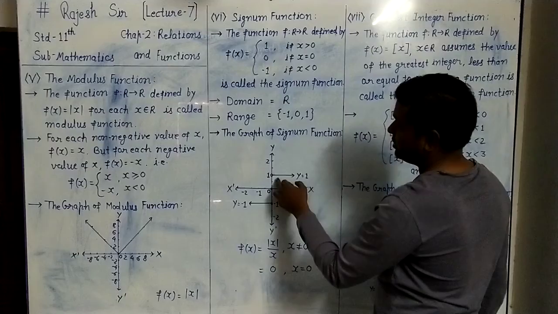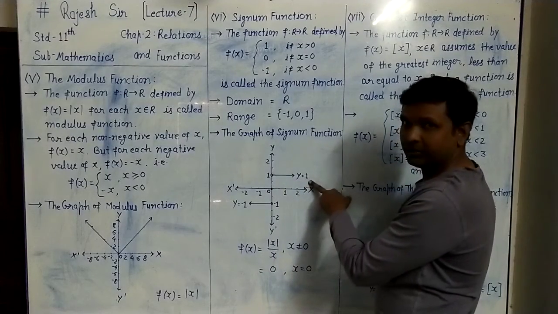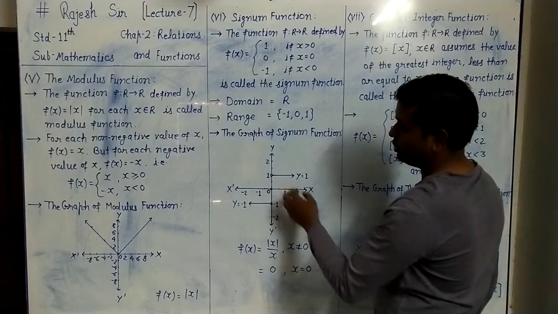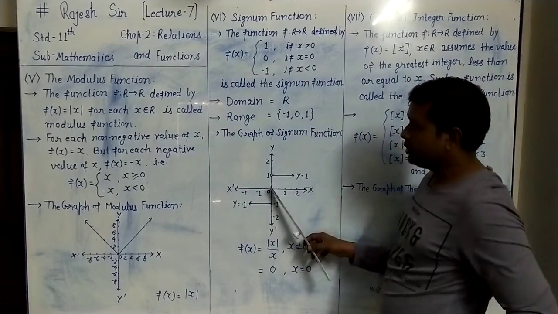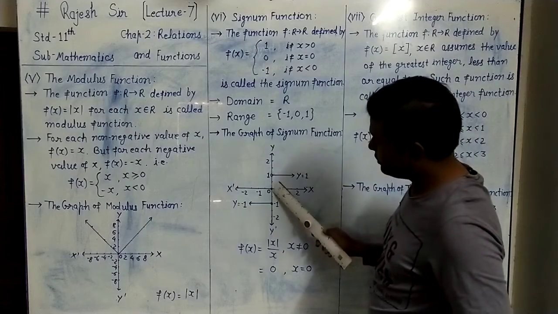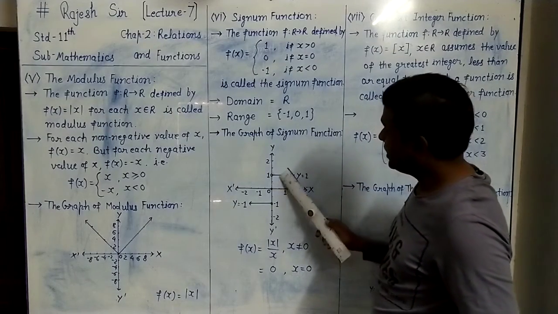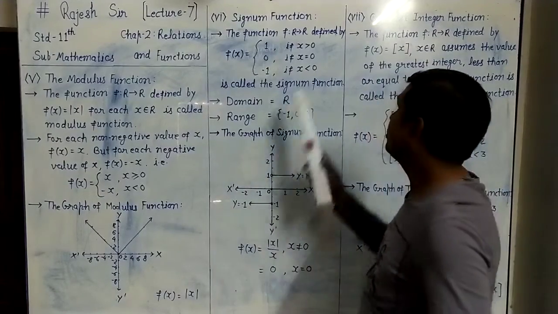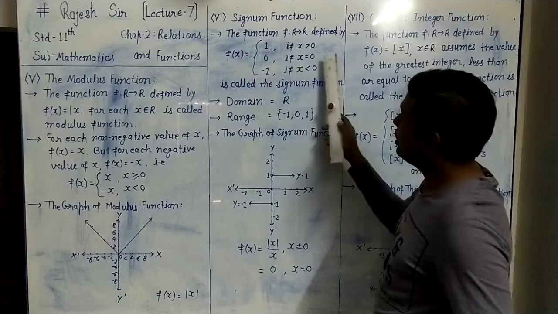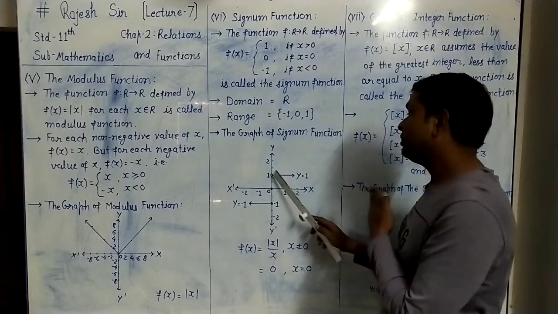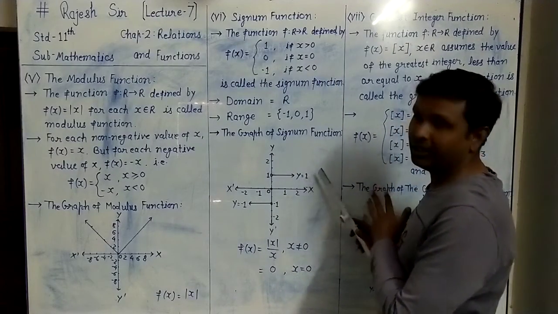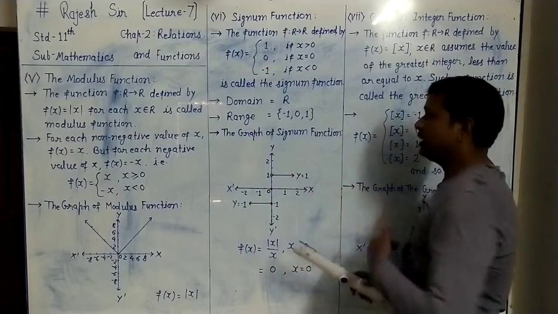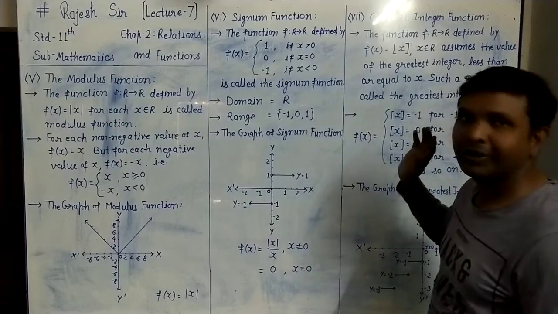So y goes to 1 always for values greater than 0, not 0, because on 0 it is 0, so this point is for 0 equals 0. And this gap shows that it is not 0, it is greater than 0. For any value greater than 0, f(x) equals only 1. So it is always y equals 1 for x greater than 0.